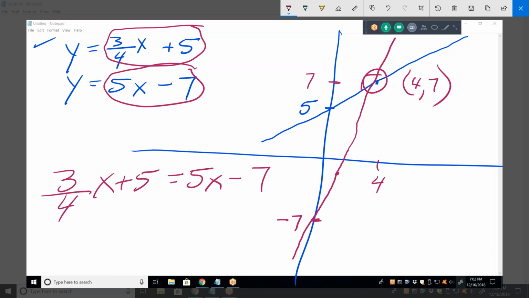So I'm going to move my x's to the right, my numbers to the left, so I get a 12 there. And I get 4 1/4 x, which is 17/4 x. Now I'm going to multiply both sides by 4 and divide by 17. So I get 48 divided by 17 equals x. It's a little bit less than 4. That's about 3.5.